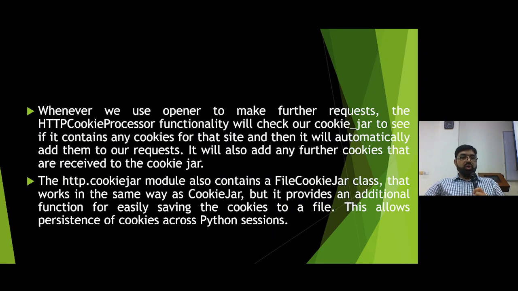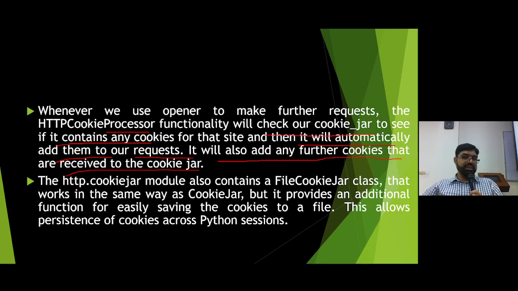When we use the opener to make further requests, the HTTPCookieProcessor functionality will check our cookie jar to see if it contains a cookie for that site, and then will automatically add it to our request. It will also add any further cookies that are received to the cookie jar.